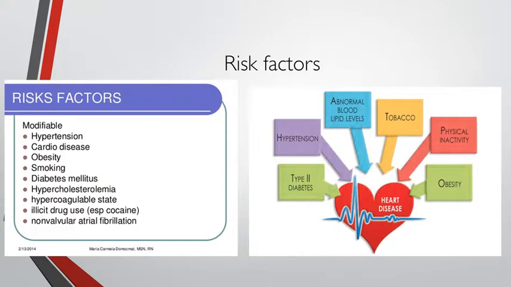Getting back to atherosclerosis and cardiovascular disease, there are some risk factors. Some of them are modifiable, some of them we can't do anything about. Modifiable ones, we can control to a certain extent. So we want to adequately treat hypertension.